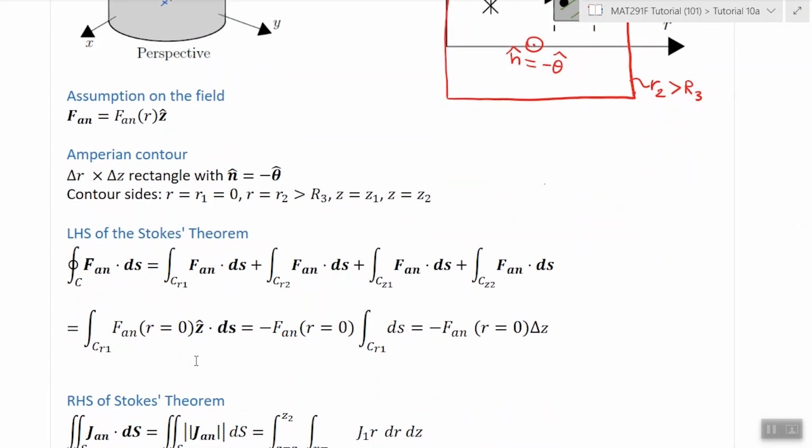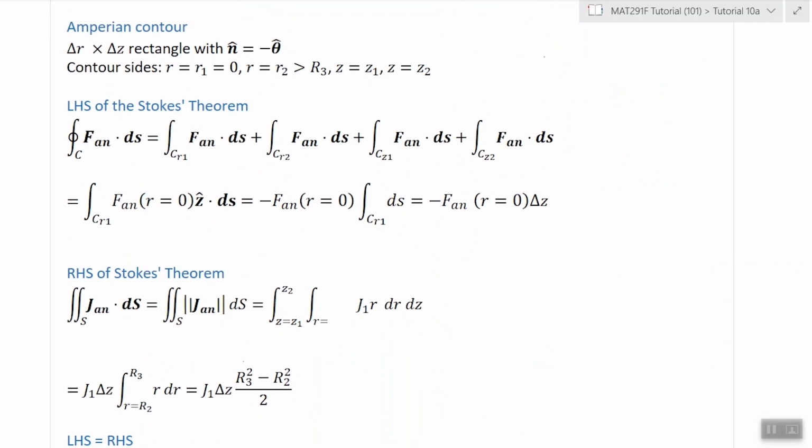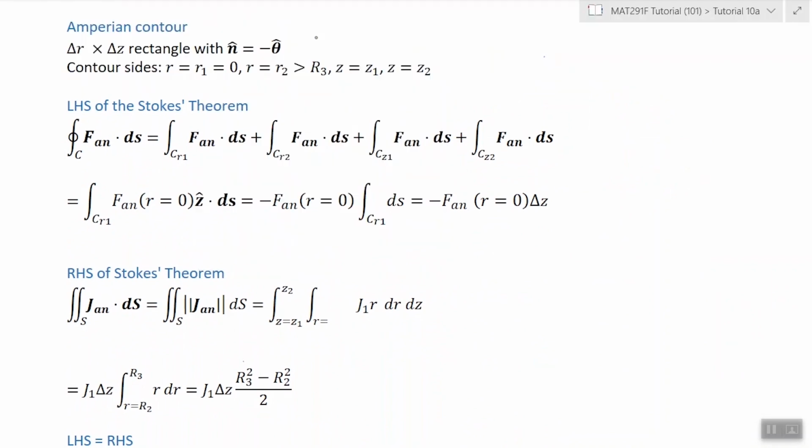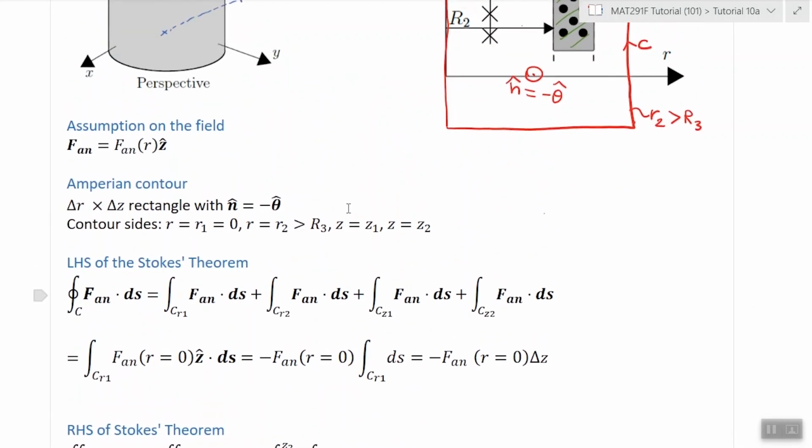This way, the left-hand side of the Stokes theorem is going to be again broken down into 4 pieces. Here again, we have zero field outside of the annulus. This is on this side.